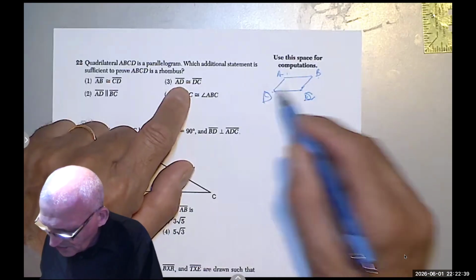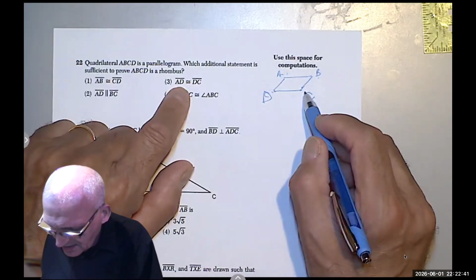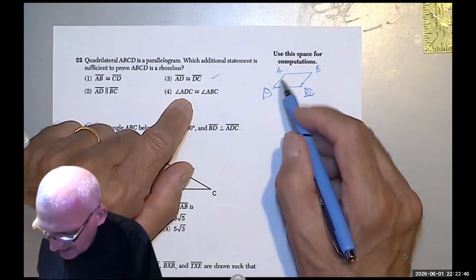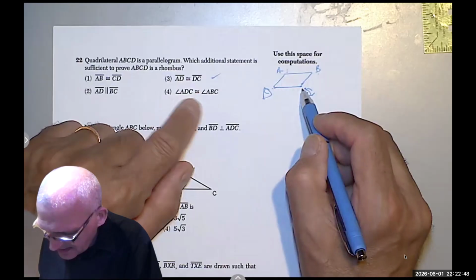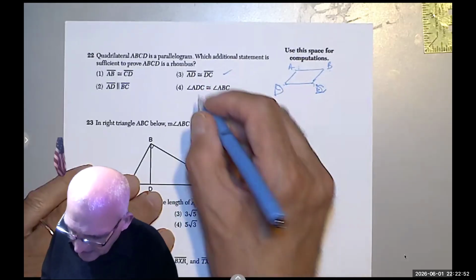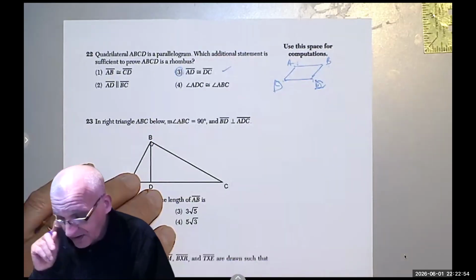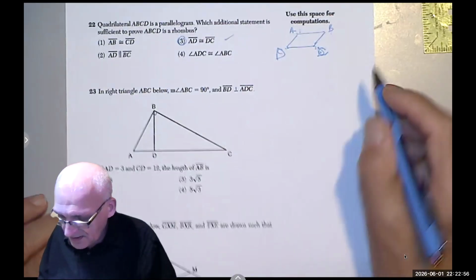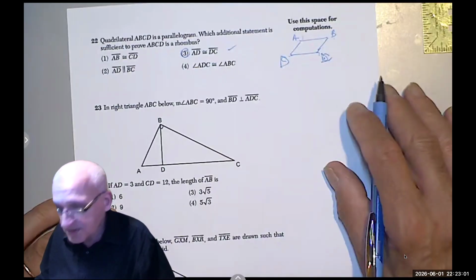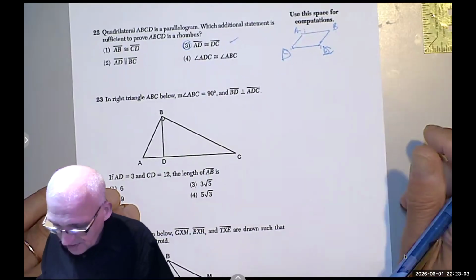AD is congruent to DC. Yes. Angle ADC is congruent to angle ABC. No, that's for a parallelogram, so it has to be this one. Okay. So it would be like a parallelogram, but all four sides are equal. So that would be a rhombus.